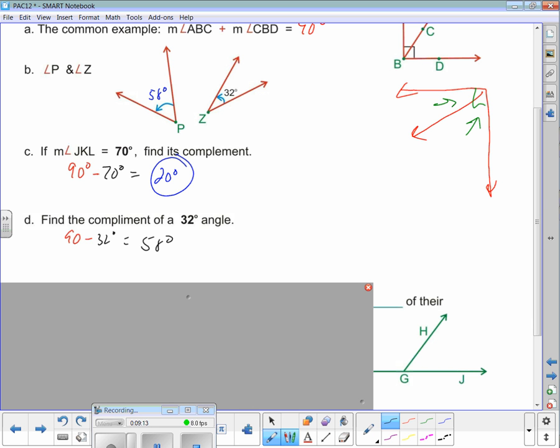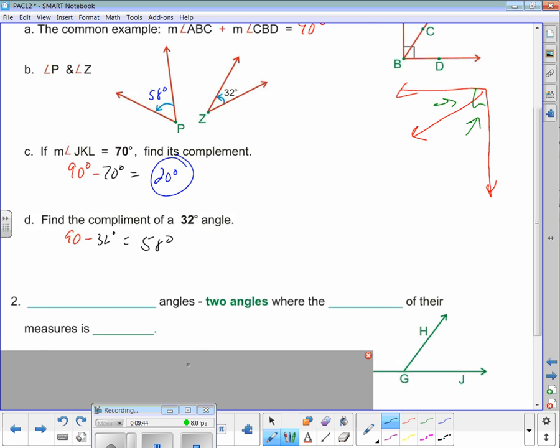Don't mess up with your math, because you have a calculator. If you can't do it in your head, punch in 90 minus 32, and your calculator will say 58 degrees. Don't mess those up. You don't want to mess up problems like that. They should be easy. Again, if the angle was 5, its complement has to be 85. The angle's 15. Again, you've got to be careful. 90 minus 15.